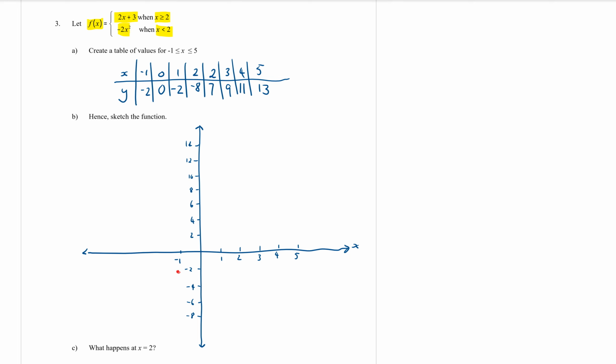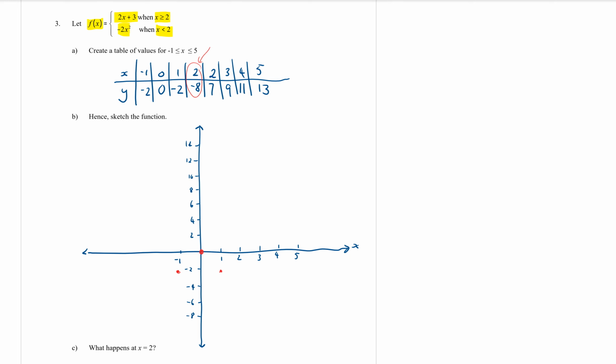Then we have 0, 0, 1, minus 2, and 2, this naughty point that I included. Remember I said it's not actually at that point. Everything up to that point, 1.999, as many decimal places as you want, right up close to it, but it will never actually be exactly at that point.